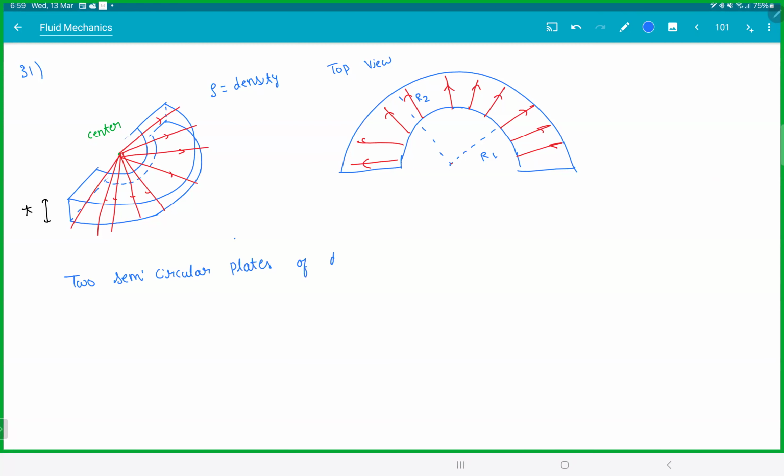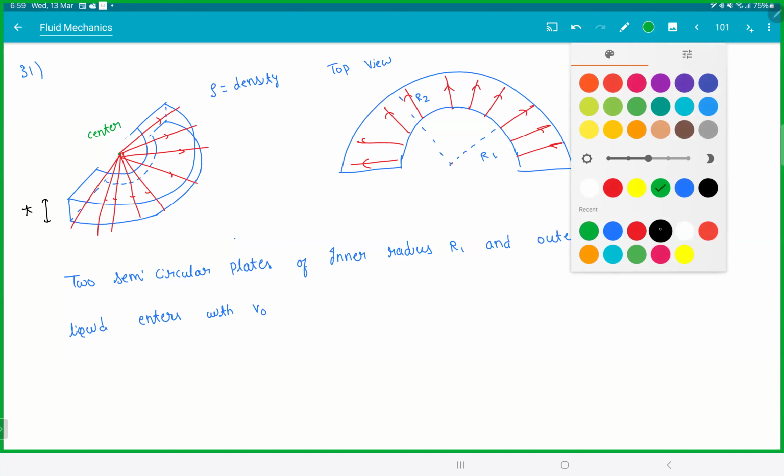Of inner radius R1 and outer radius R2. So liquid flows between the plates. The distance between them is T. Liquid enters with speed V naught.